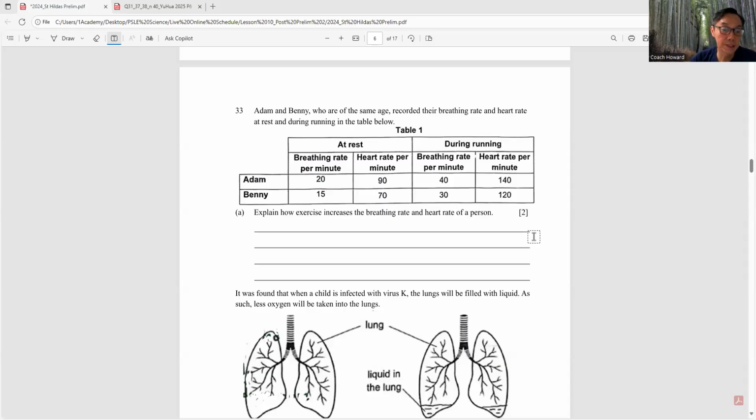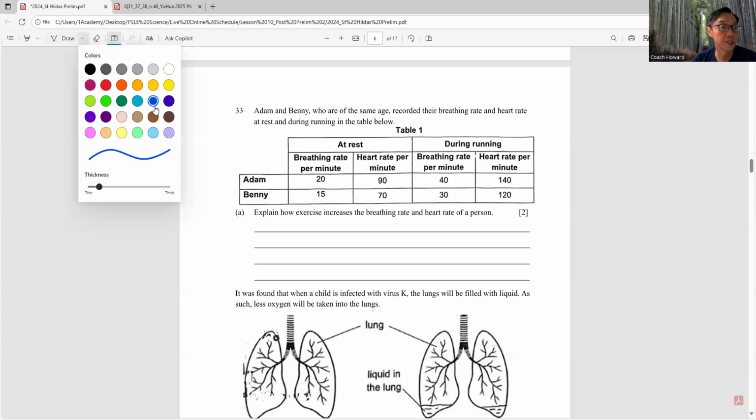Okay, welcome back to our PSLE Science Open Questions Analysis. So firstly, you need to understand this table. It shows two persons, Adam and Benny, who are of the same age, recorded their breathing rate and heart rate at rest and during running in the table below. So you can see on the left-hand side, very clearly is at rest.